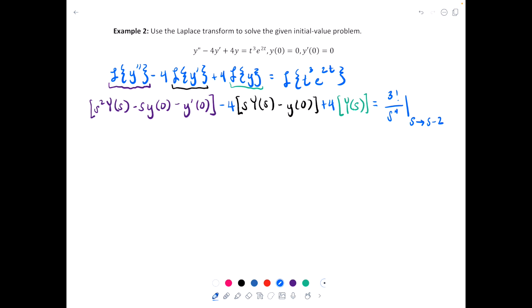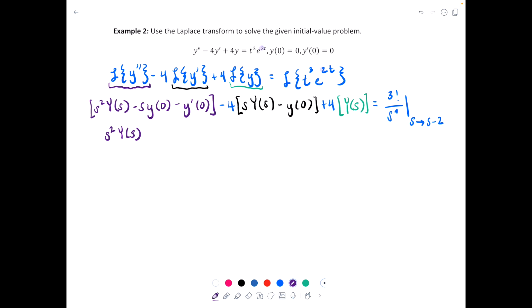And again, we have that from the coefficient of t in the exponential. Good so far? Okay, so simplifying the purple, we will have s squared times y at s.